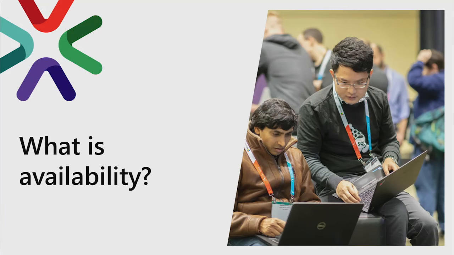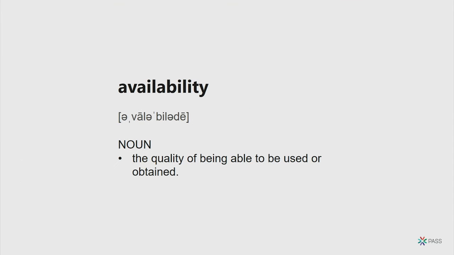So I called this session Improving Availability. And I know that the word availability usually generates something different in your mind. You're thinking about clusters or availability groups, disaster recovery. But availability means a lot more than that.